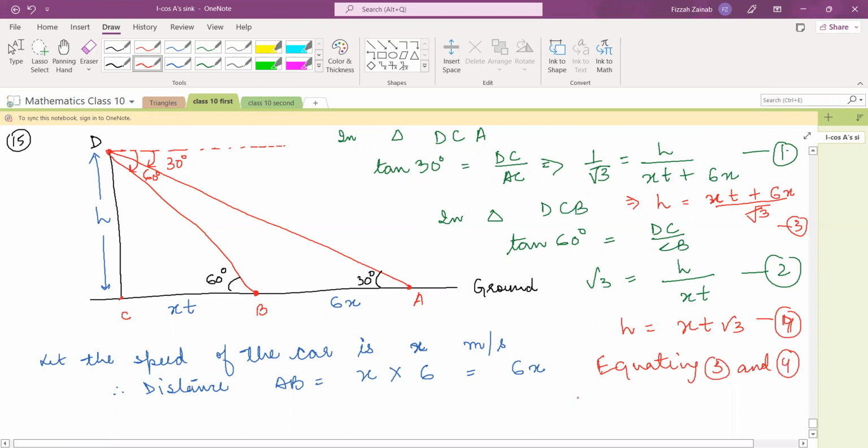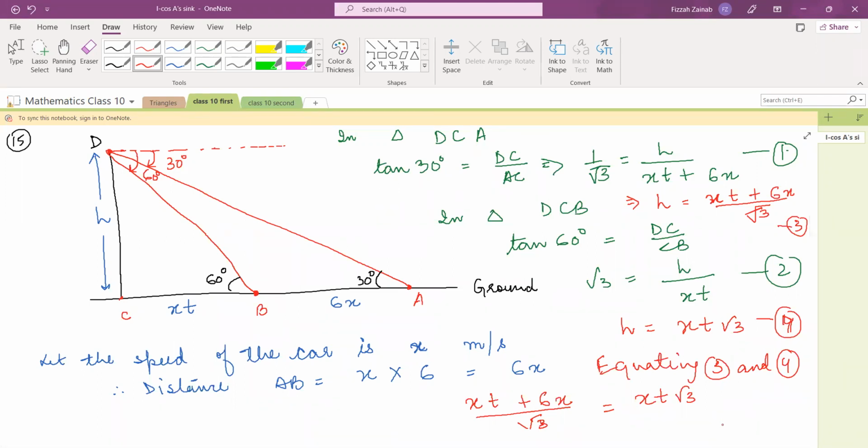If you equate it, what you get is XT plus 6X divided by under root 3 is equal to XT into under root 3. So you can see H is gone. There's no H now. Again, I have to eliminate one variable because it is one equation now, right?